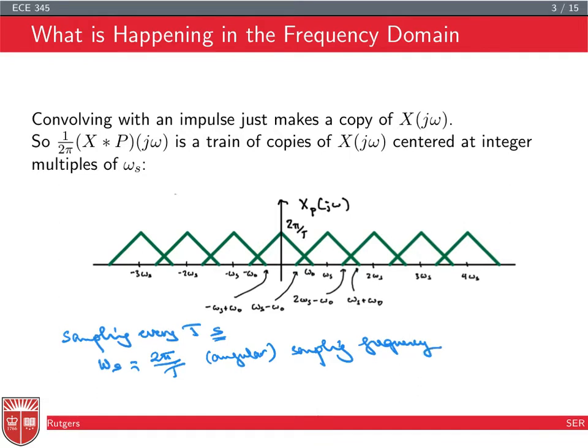Then if you look in the frequency domain at your sampled signal, it's going to be just copies of the spectrum of the original signal that are repeated and shifted to be centered around omega s.